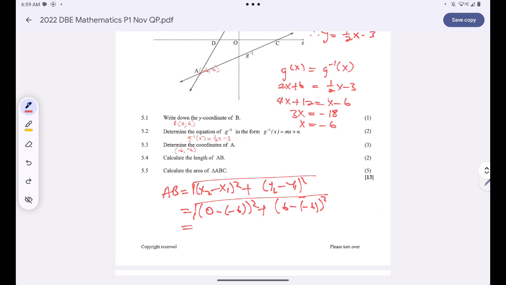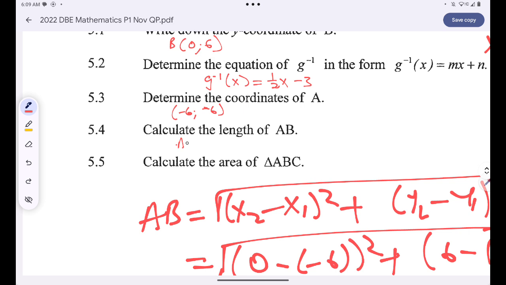Let me just punch it on the calculator. 0 plus 6 all squared plus 6 plus 6 all squared. You'll get 6 root 5 as the length of AB. It's just 6 root 5.